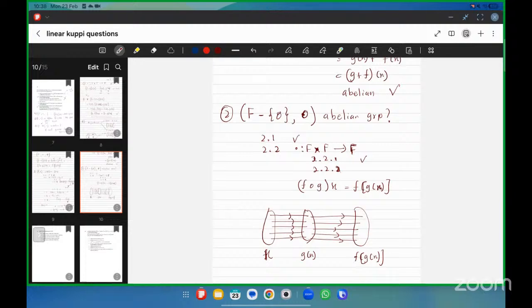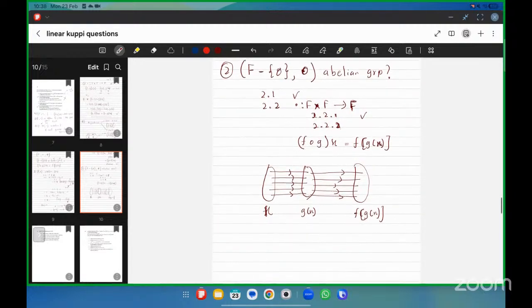Okay, then we can say that. So here every x is connected to every g, and every g is connected to every f of g. Then we can tell every x is connected to every f of gx. You can tell that, right? Did you get that?